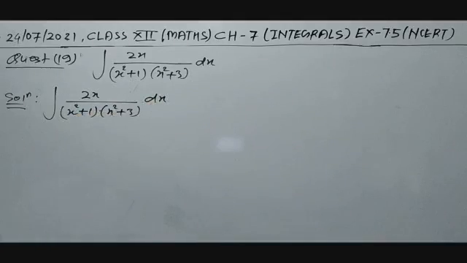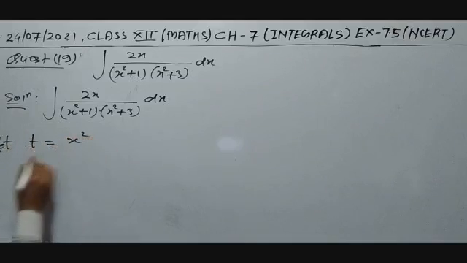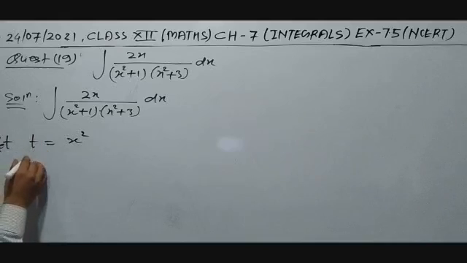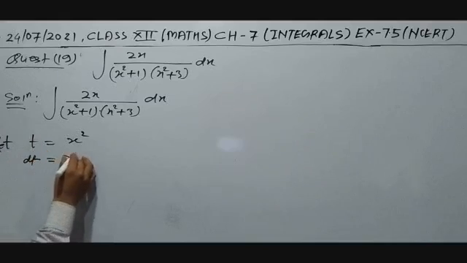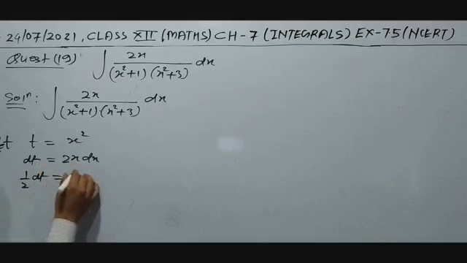Now in this function you will consider, first of all, let t is equal to x square. Now dt can be written as 2x dx. This implies 1 by 2 dt will be equal to x dx.